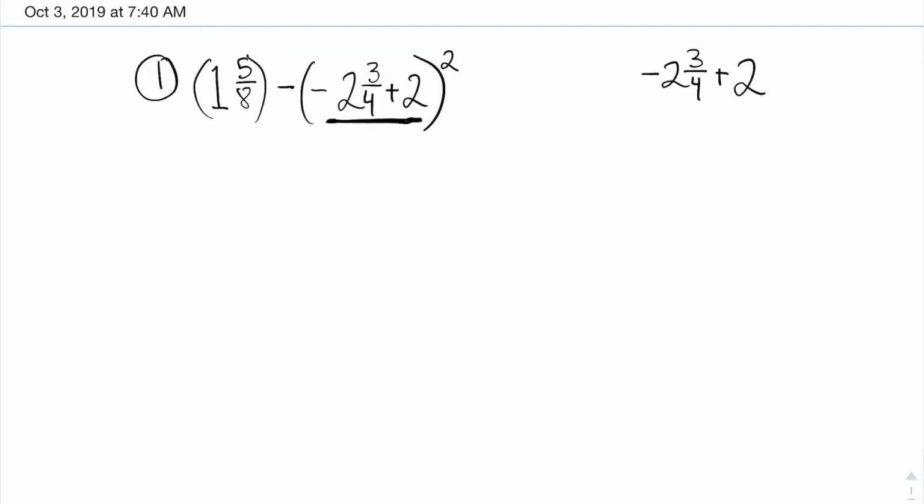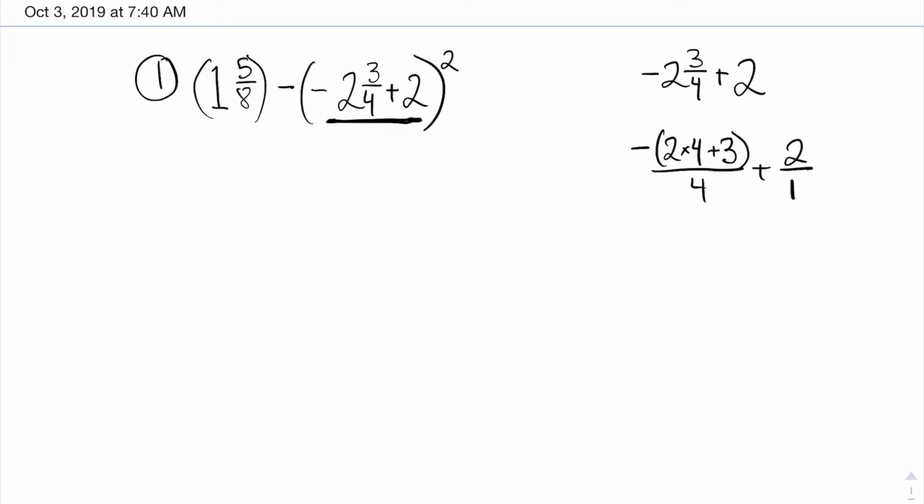So looking at this piece, really it's just addition of fractions. So with addition of fractions, just like we did yesterday, we're first going to ensure that all mixed numbers are fractions. So I've replaced the left fraction, negative 2 3/4, with negative 2 times 4 plus 3 over 4.